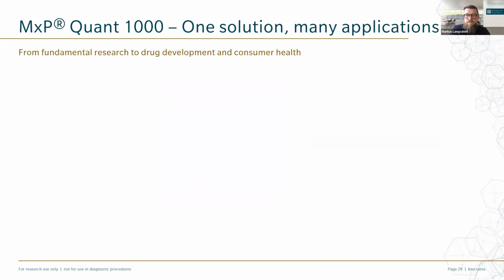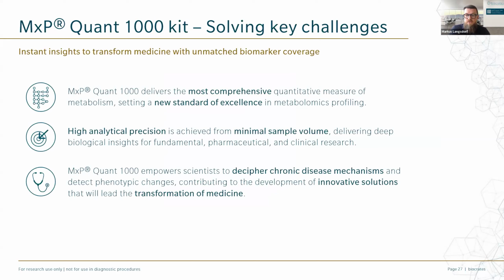And thanks to its high analytical precision, Quant 1000 delivers deep biological insights from just minimal sample volume, making it a powerful tool for fundamental, pharmaceutical, and clinical research. So MxP Quant 1000 gives scientists the solution to decipher chronic disease mechanisms and to identify phenotypic changes, contributing to the development of innovative solutions that are driving the transformation of medicine.